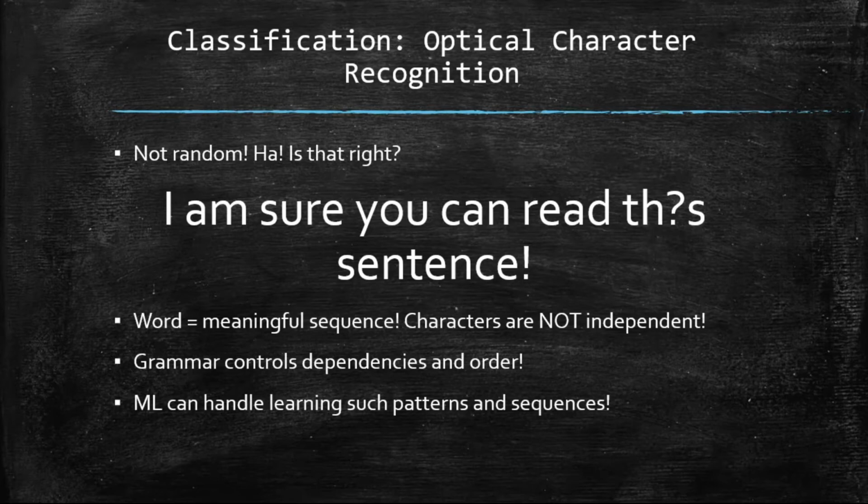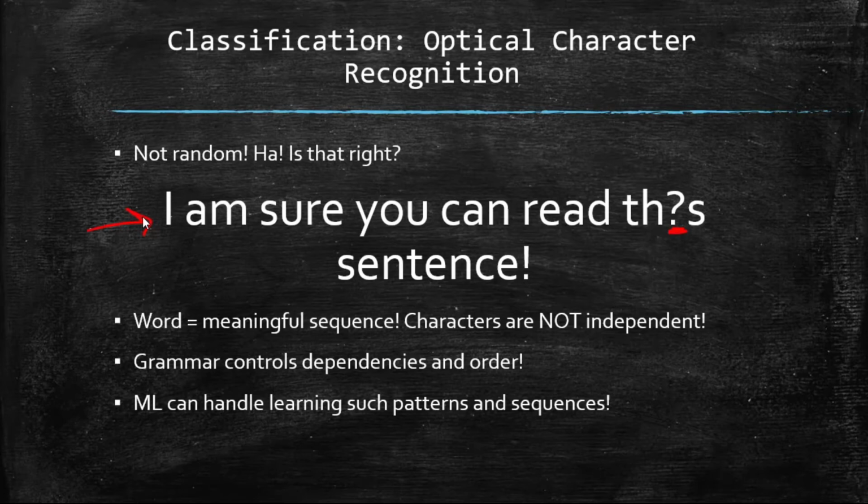So when you read this whole big sentence right here, I'm sure you can read this. So this question mark right here doesn't trouble you at all. Your mind immediately replaces that with I, right? You wouldn't find it too difficult to do that, because there's a grammar, a rule in that sentence that dictates the dependencies and order of all those letters, right?